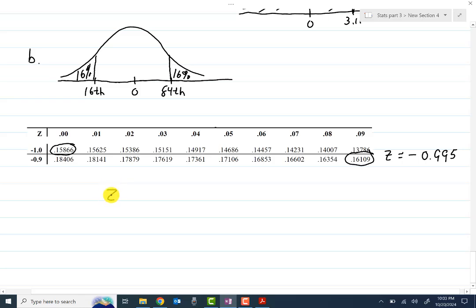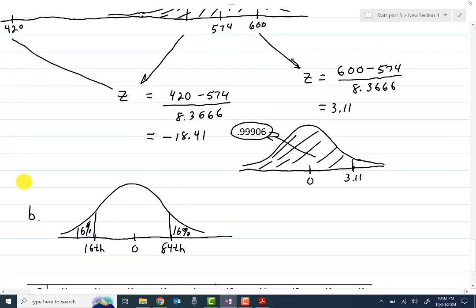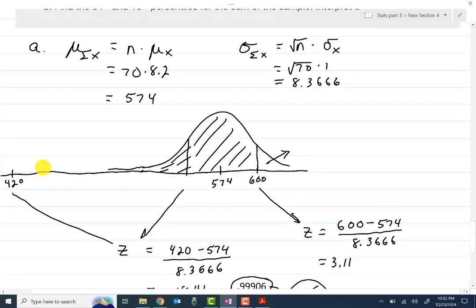And then let's put our equation then. So z, if you recall, equals this stuff. Let me see, the n times mu of x we had up there somewhere, 574.